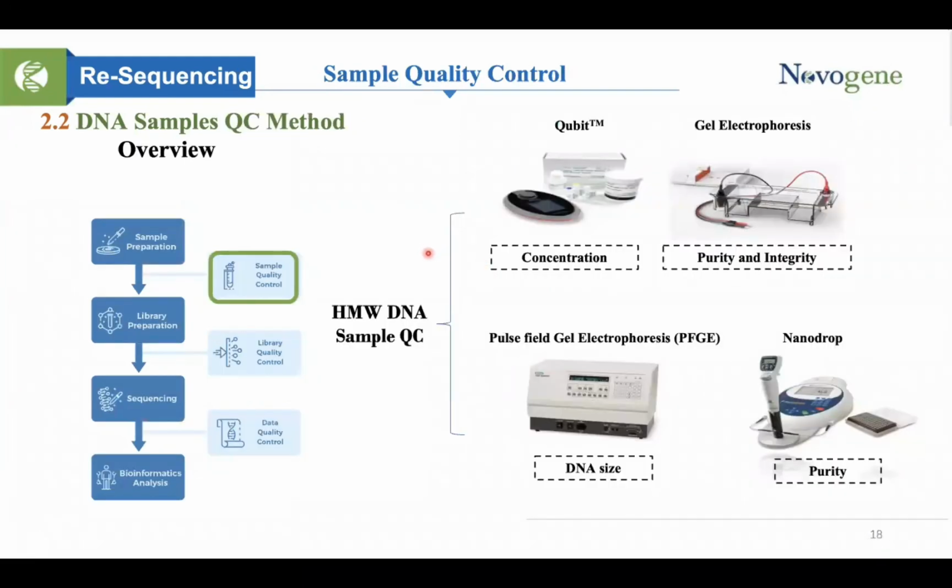In sample QC methods, we use Qubit to determine concentration, gel electrophoresis for purity and integrity, field gel electrophoresis for DNA size determination, and NanoDrop for sample purity.